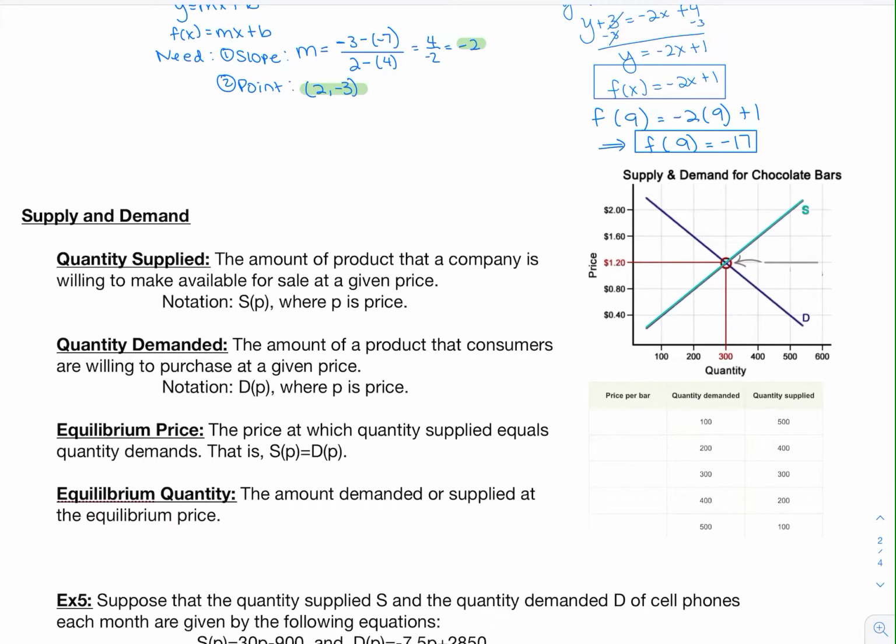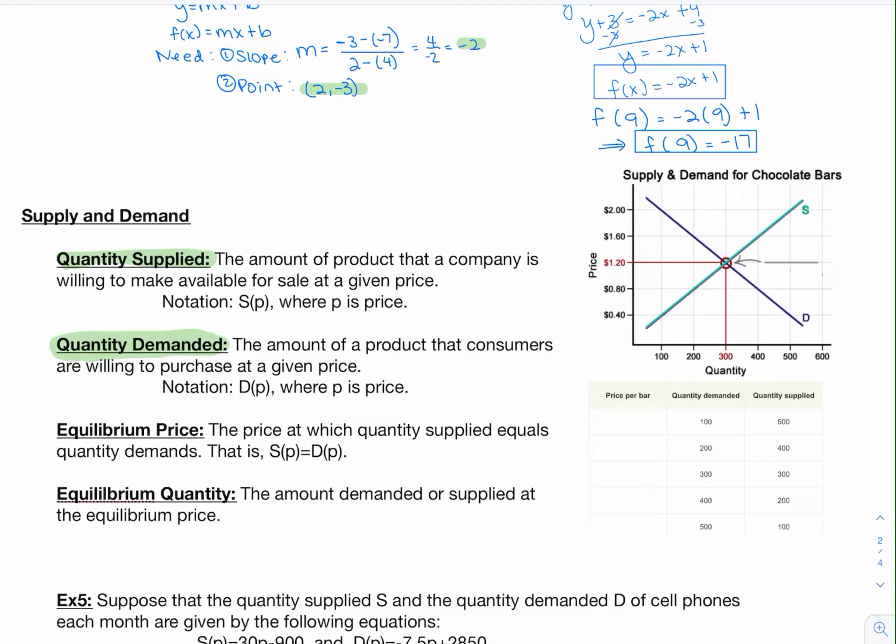Supply is the amount of product that a company makes available for sale. And then demand is, of course, how much product we are buying. So the demand is how much we want and how much we want to purchase.